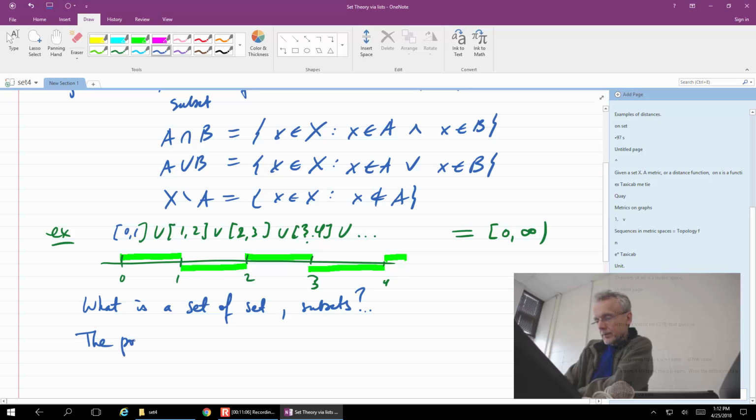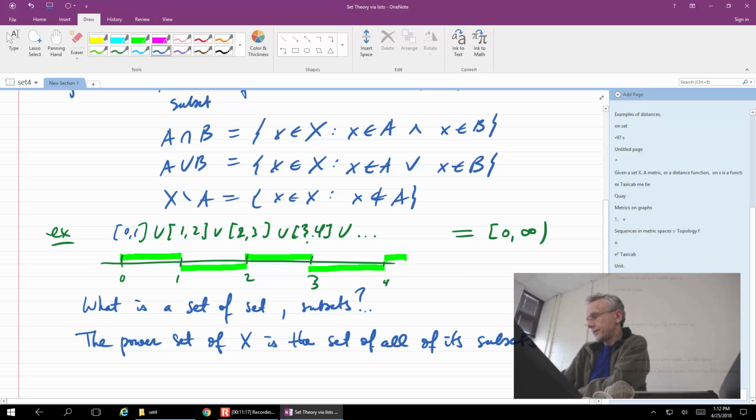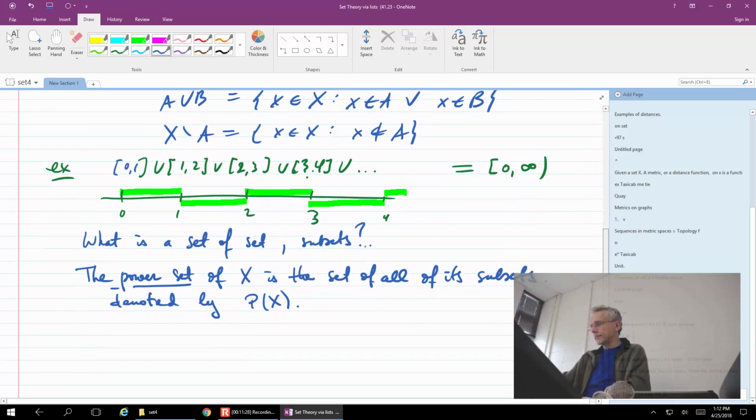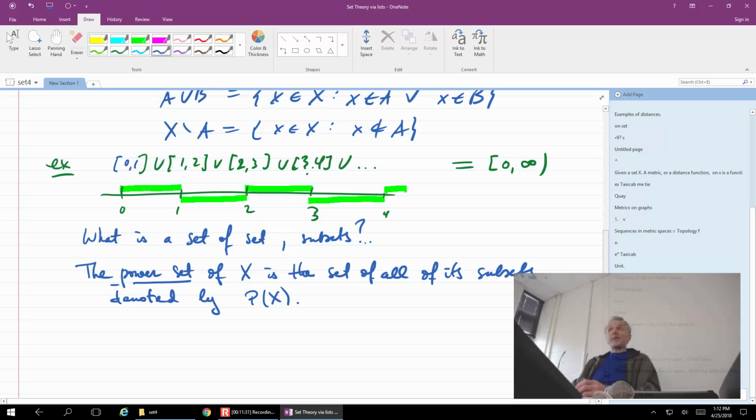It's called the power set of X, the set of all of its subsets, usually denoted by P(X). So we have formed a new set, which is kind of big, bigger than X.